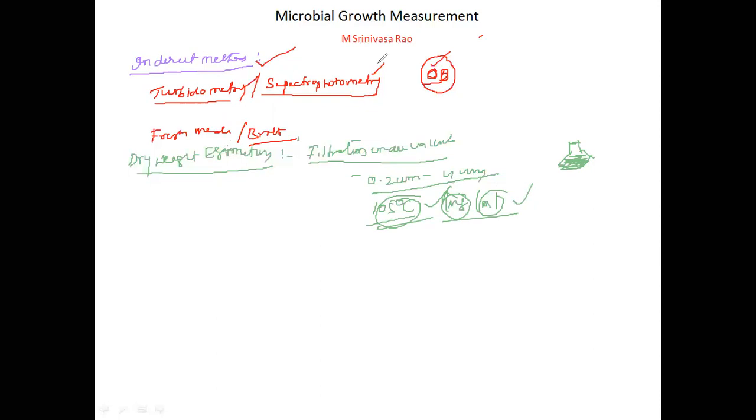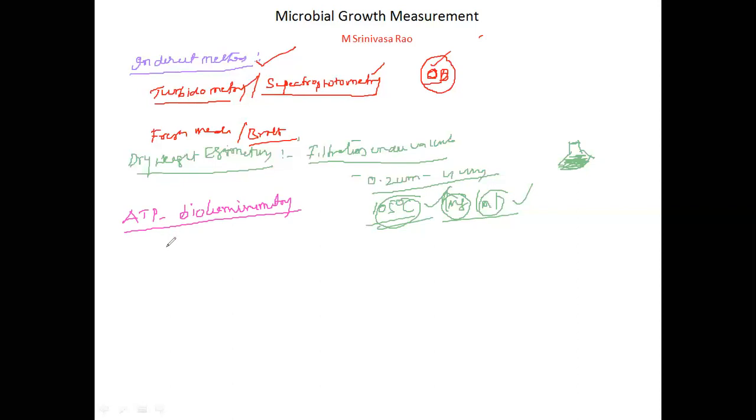Another technique in estimation is ATP bioluminometry. Bioluminescence, ATP. There is a problem with ATP, and it is of use to us.